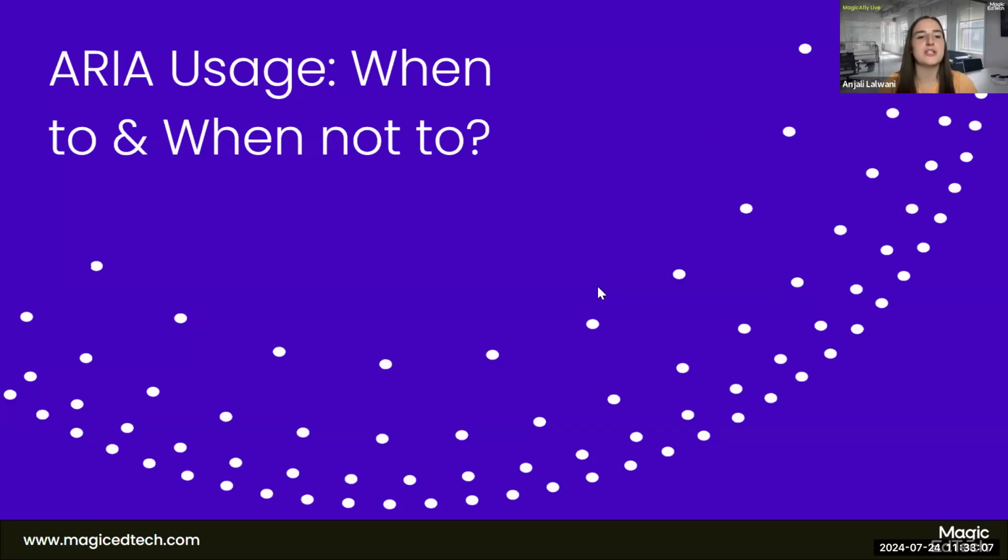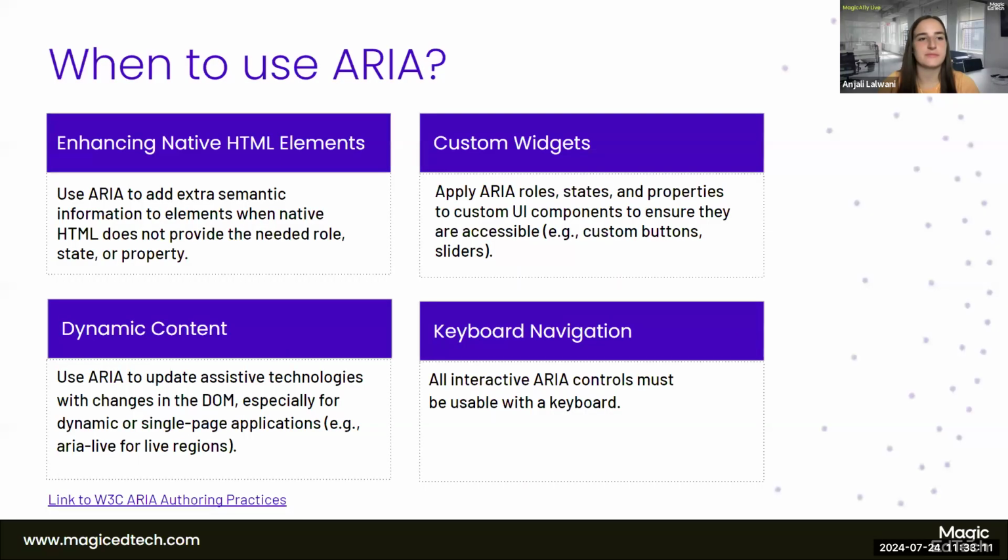ARIA usage, when to and when not to. So when to use ARIA. Enhancing native HTML elements. So we want to use ARIA to add extra semantic information to the elements when native HTML does not provide the needed role, state, or property. Custom widgets. So apply ARIA roles, states, and properties to custom UI components to ensure that they are accessible, like buttons and sliders.